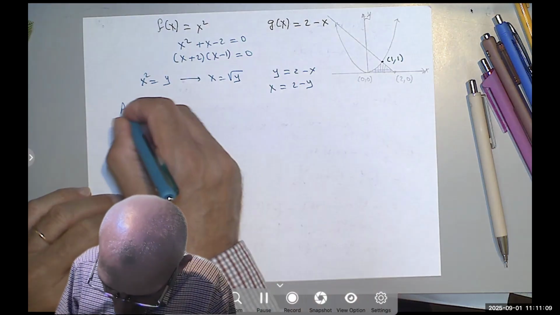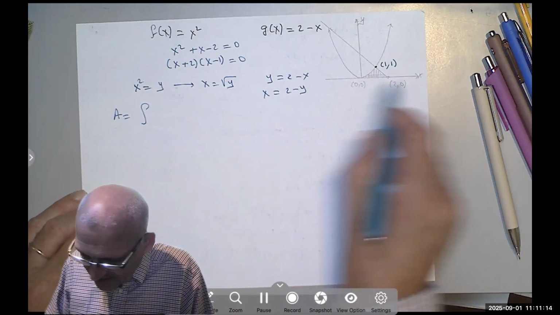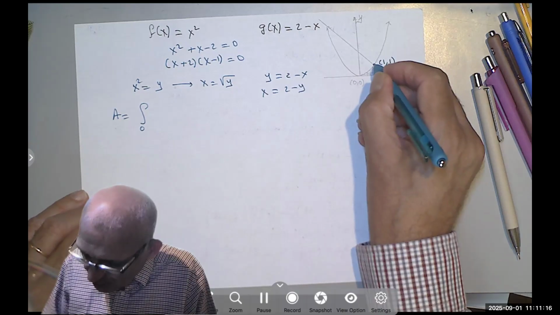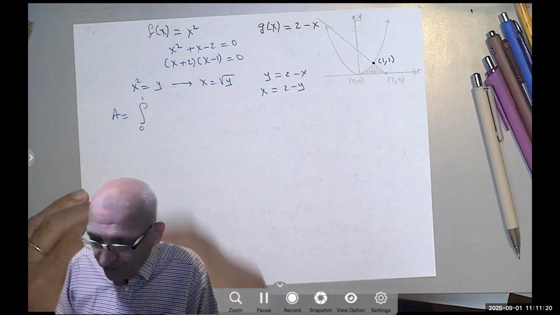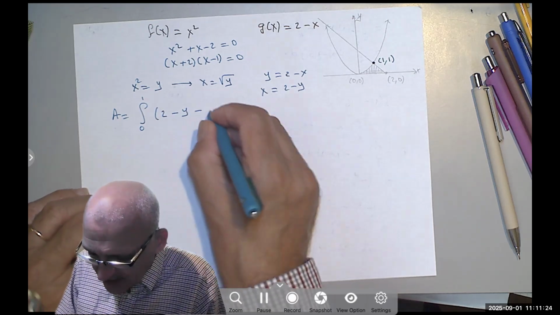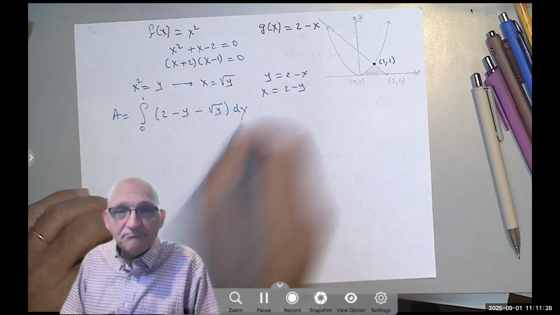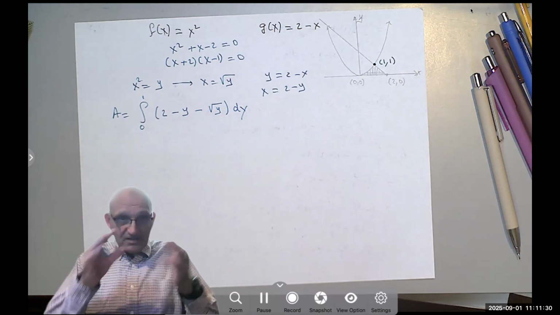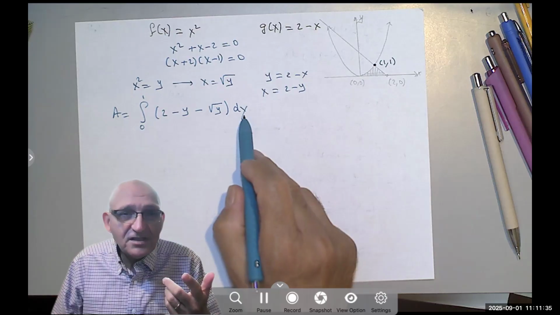So the area equals the integral, going from y equals 0, which is the x-axis, to y equals 1, of 2 minus y minus square root of y dy. You see how we transform from x to y? You have to do it because you are integrating with respect to y.